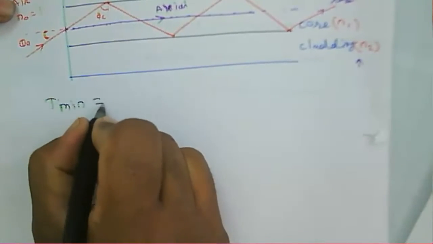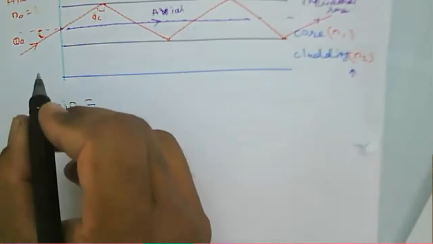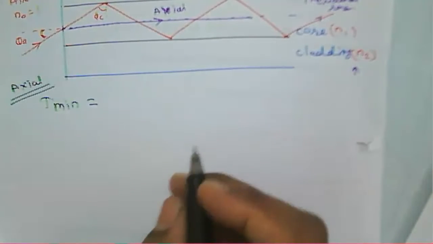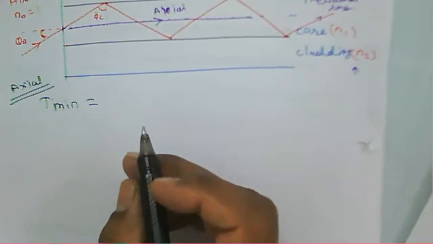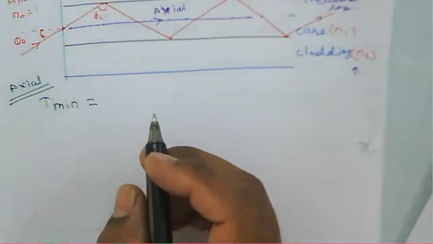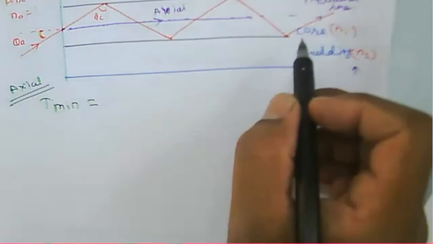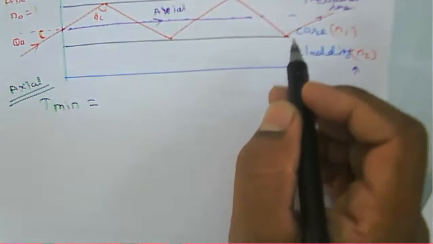Then we can find out the minimum time required by the rays, which we consider for the axial ray. What will be the minimum time required, or we can say the minimum delay time?